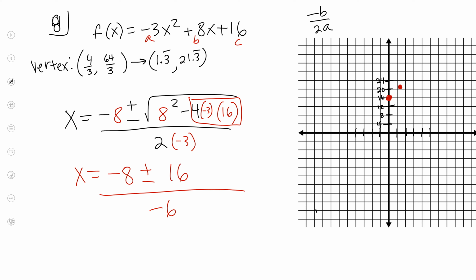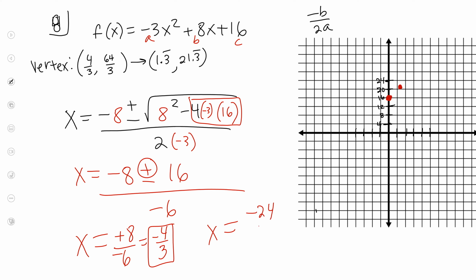Okay, so I'm gonna get two answers. X equals negative 8 plus 16 divided by negative 6. That would be positive 8 over negative 6. So we'll have negative 4/3 as one of our answers. And then the other one, negative 8 minus 16 is negative 24, divided by negative 6 is positive 4.